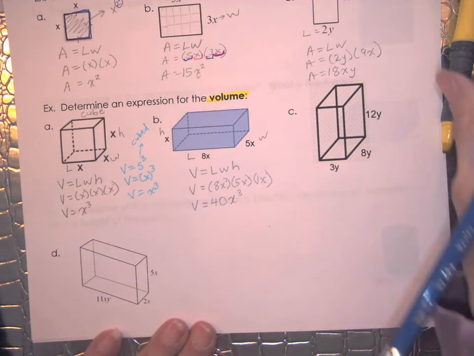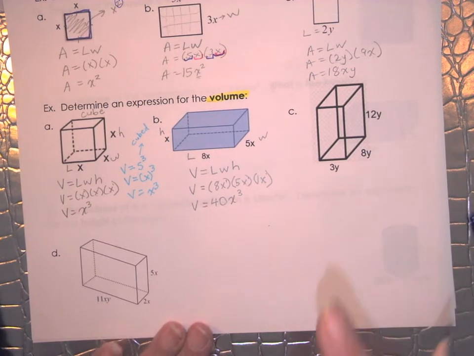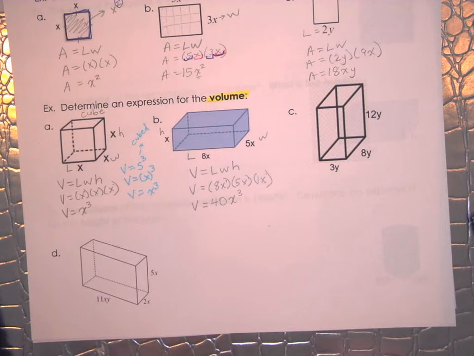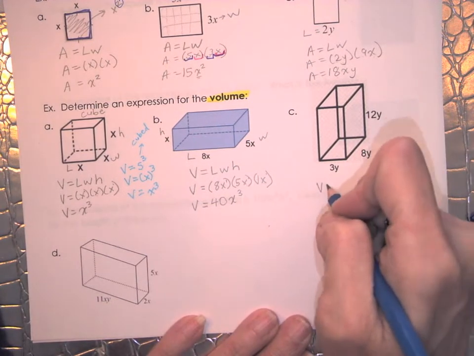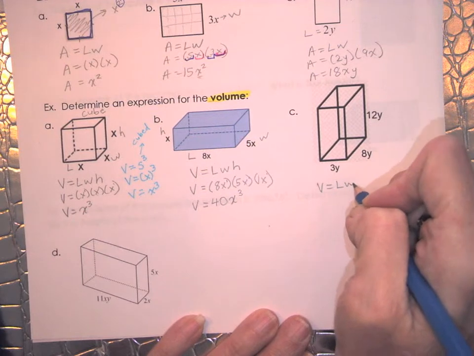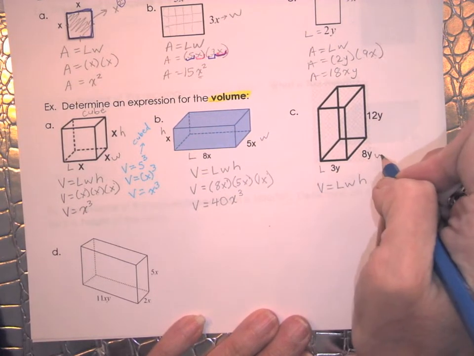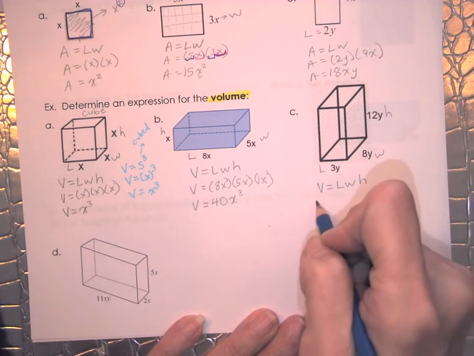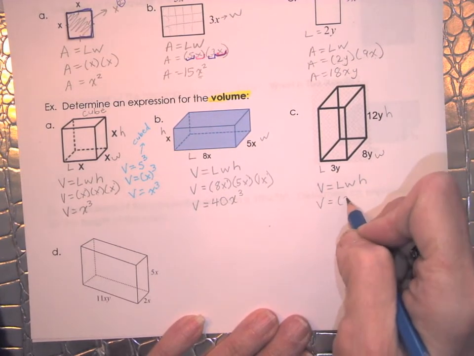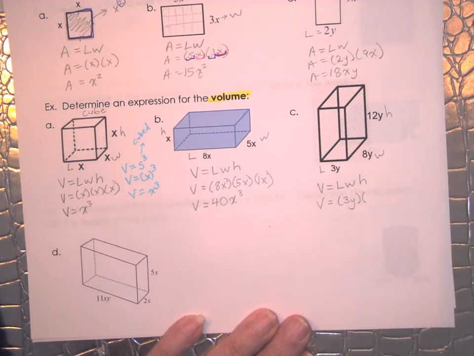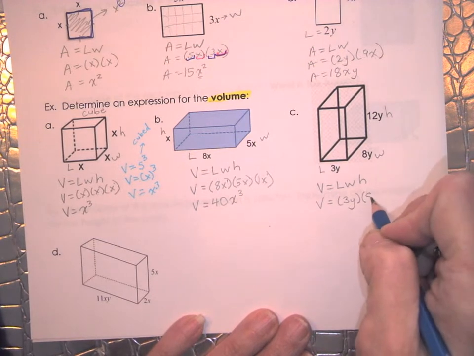And for C, similar. If you wanted, you could pause and try it and then check your solution. So we're going to do volume equals length times width times height. Here's my length, my width, and my height. Substitute. Remember to use brackets when you substitute.